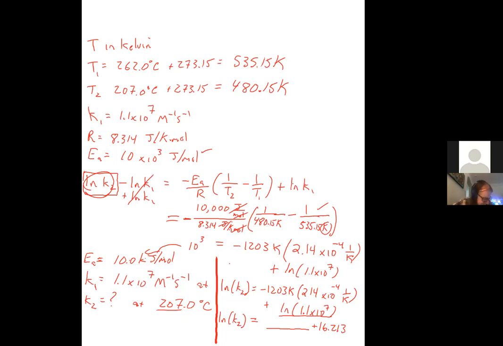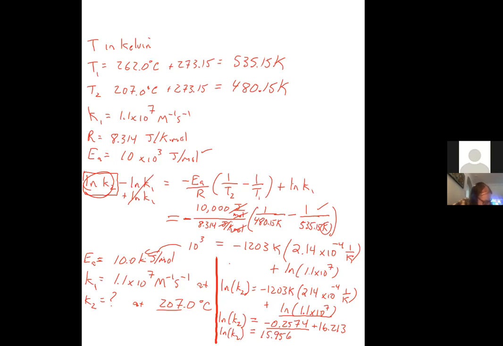So I get minus 0.2574. Good. Now you add those together. One's negative, one's positive. So you get ln K2 equals 15.956.